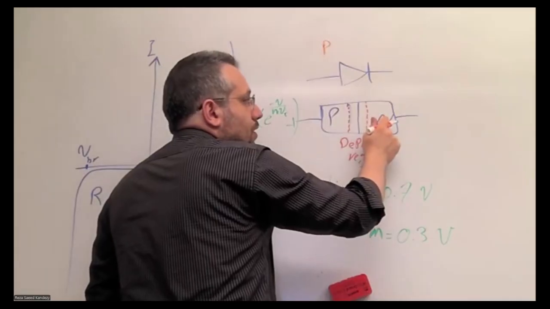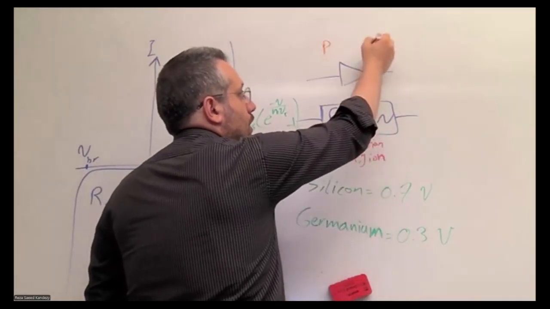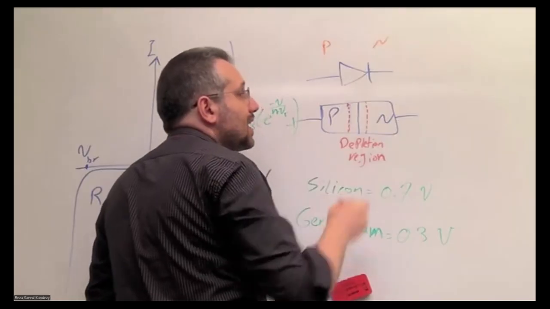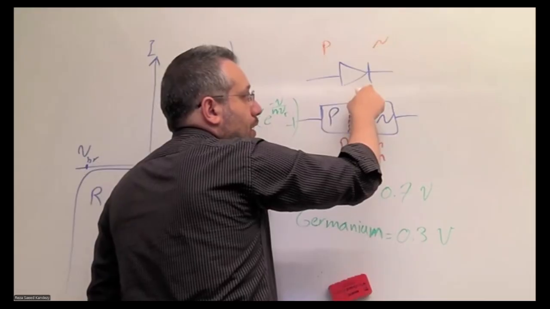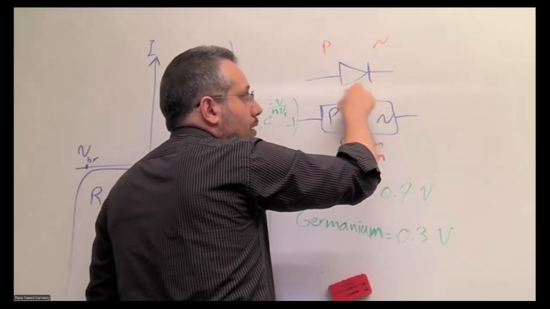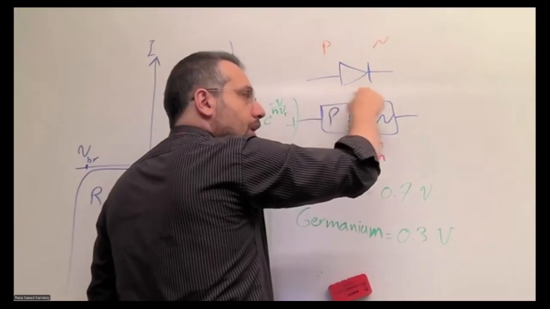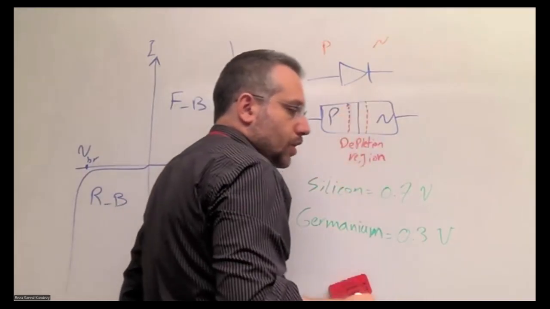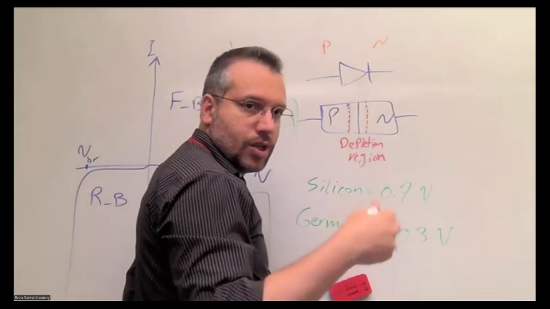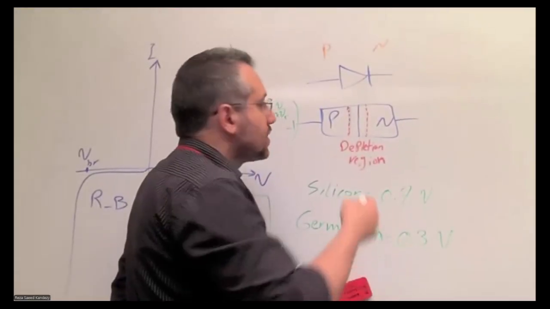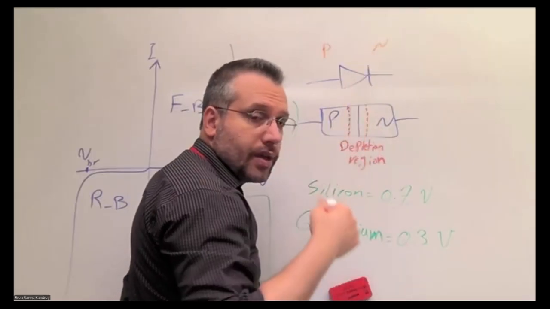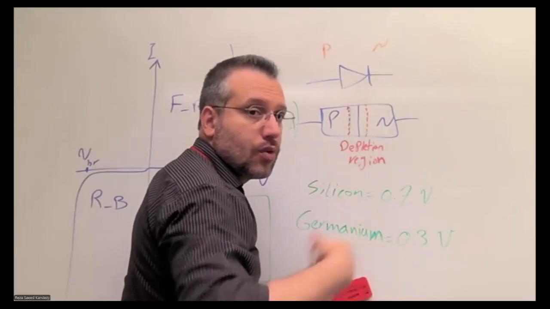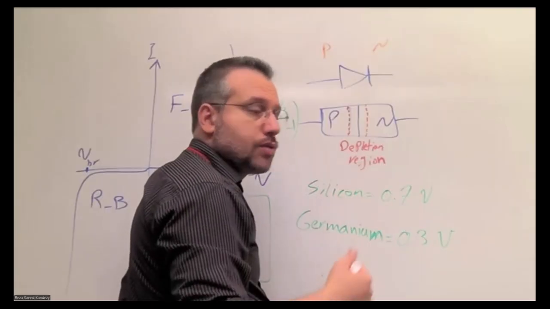And the negatively doped semiconductor is called the cathode. In the schematic, the cathode is shown by a line on the symbol. Now, there are some different symbols for different types of diodes, but they generally have the same shape, with a little bit of difference to make sure that we distinguish those different types of diodes.